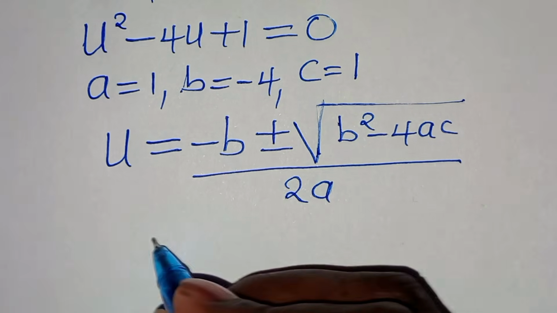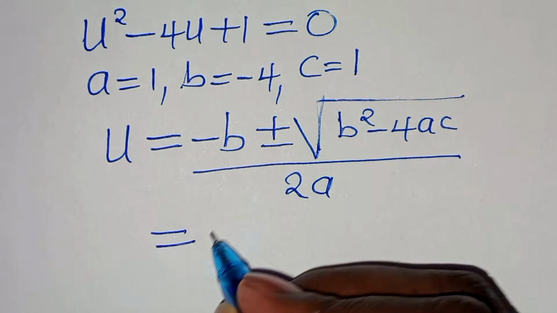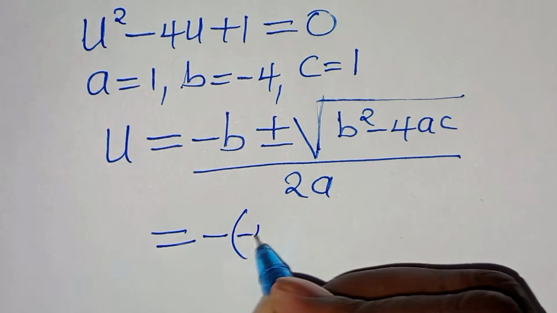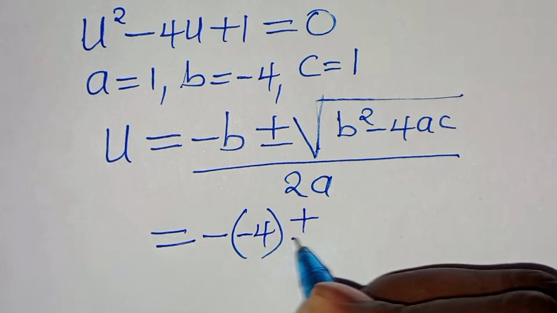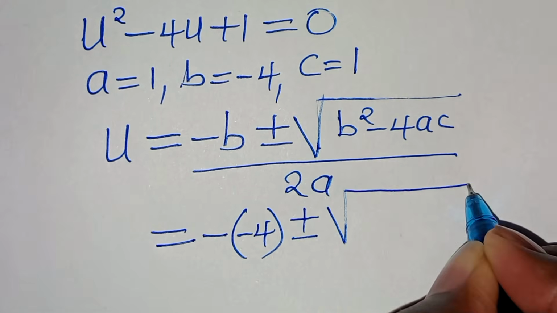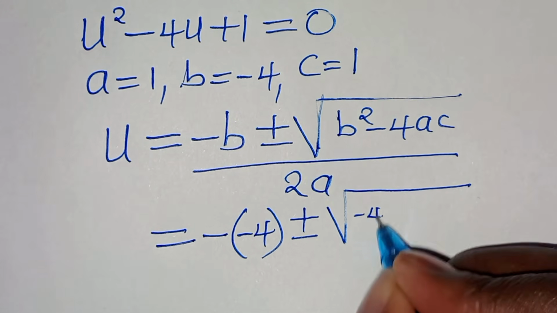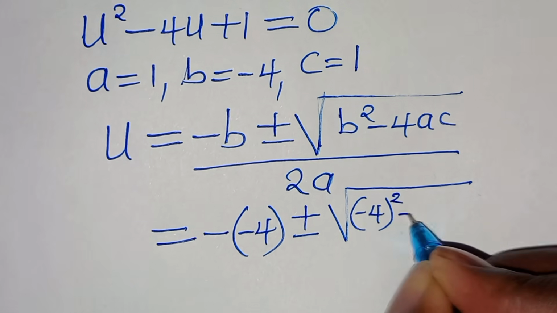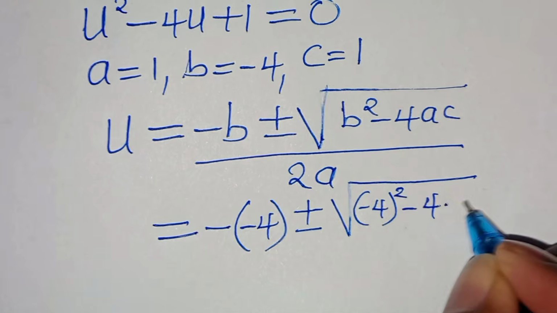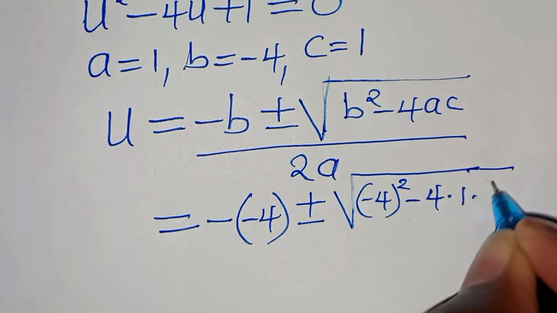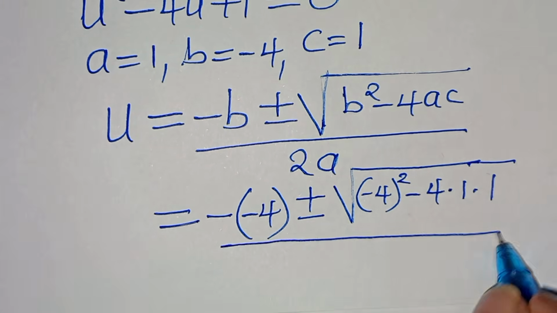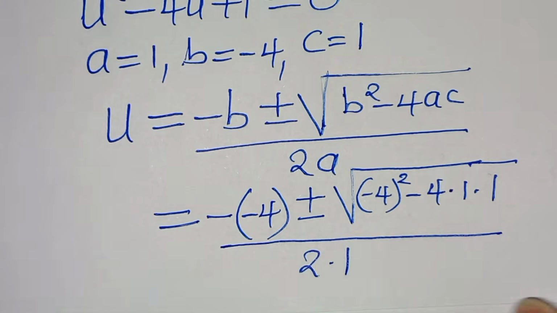Now let's substitute the values of a, b, and c. So this is minus 4 plus or minus the square root of minus 4 raised to the power of 2 minus 4 times a, which is 1, then times c, which is 1, everything divided by 2 times 1.